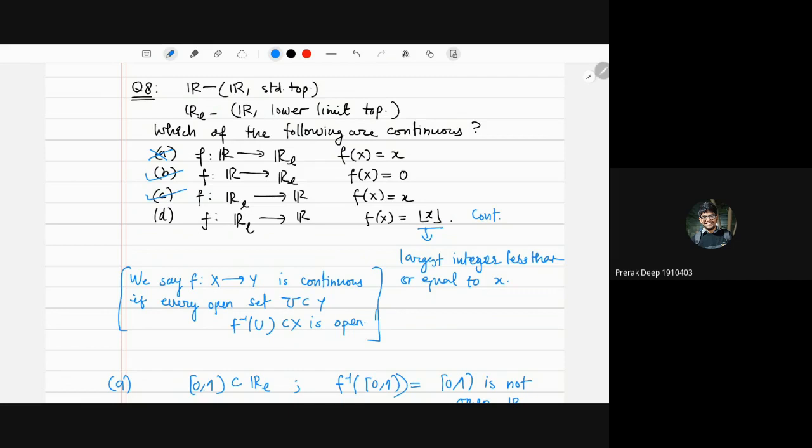So you can first of all see that the images of this map are going to be integers.